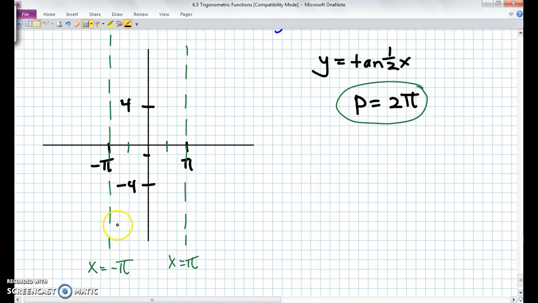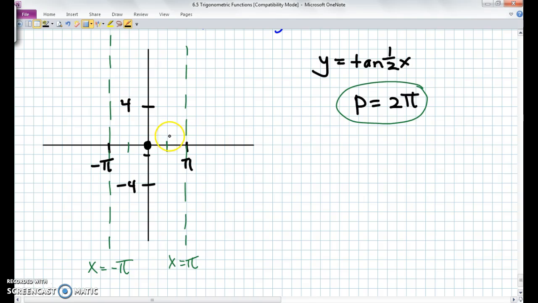The 0 is always right in between the two asymptotes. And that's not going to change. So we're going to have a 0 right there. The other part that stays the same is that right in between the 0 and the asymptote, we have a point that is a y value of what?